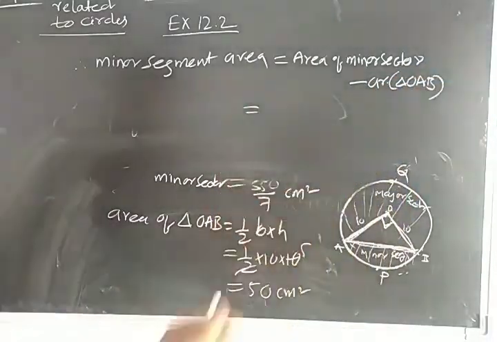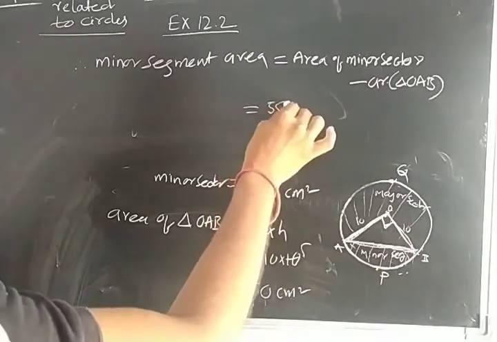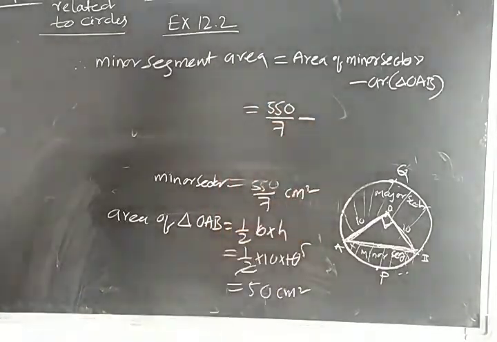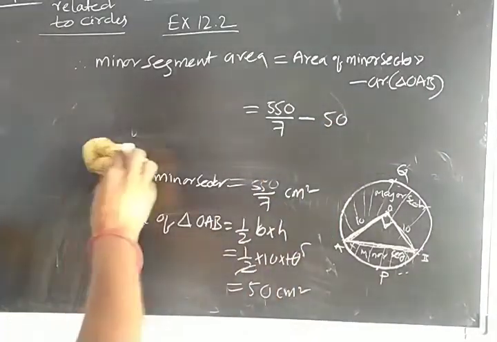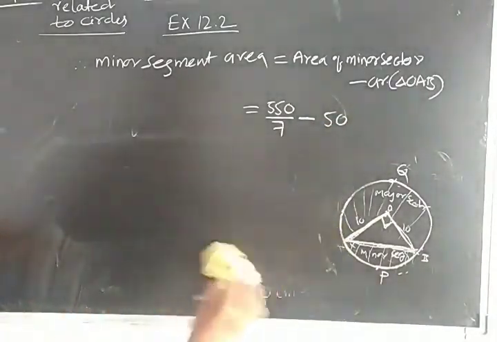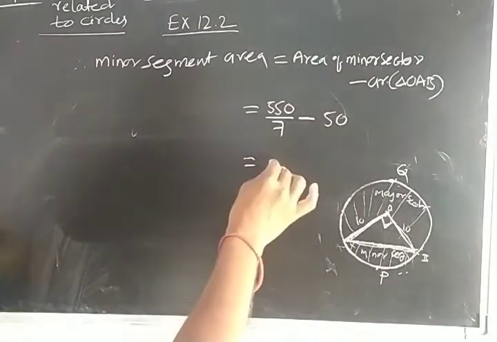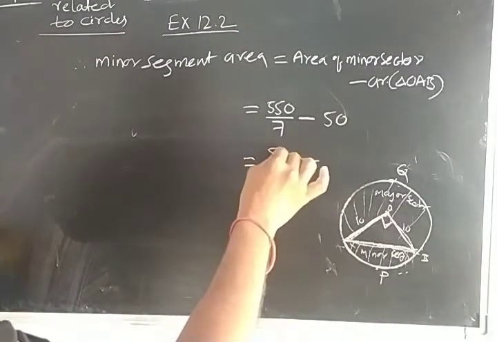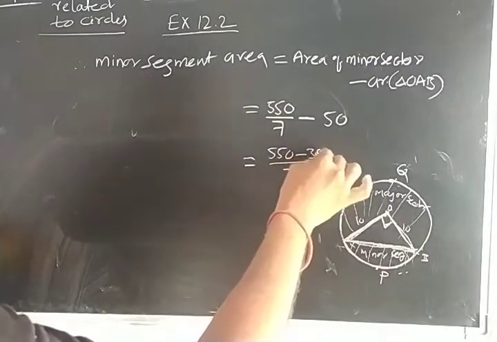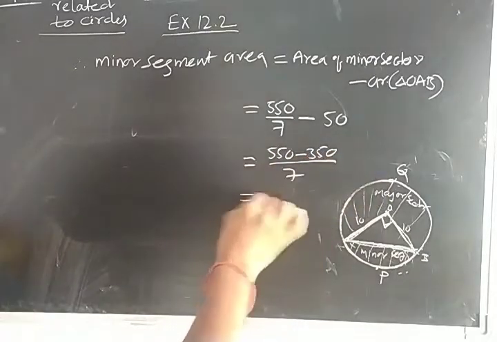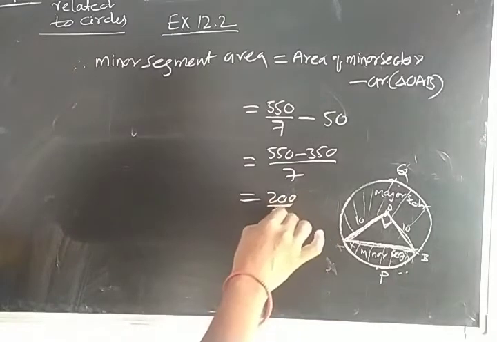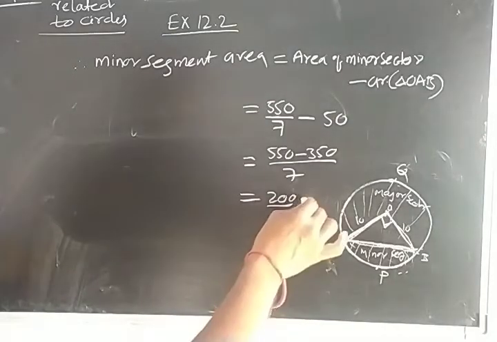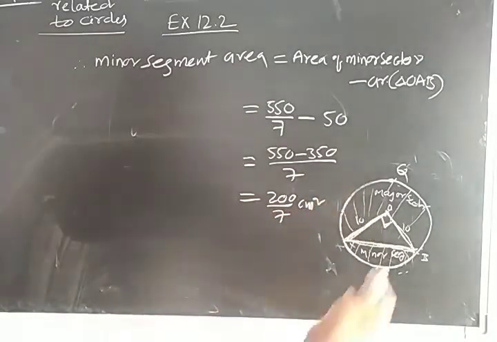Right. Area of minor sector is 550 by 7 minus area of triangle, 50. Now by taking LCM, 7 is the LCM, 7 5s are 35, 350. 550 minus 350, 200. 200 by 7 centimeter square is the area of the minor segment.